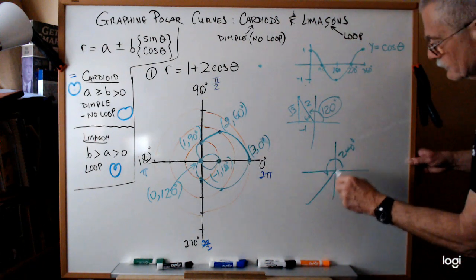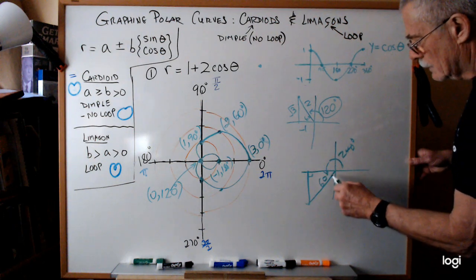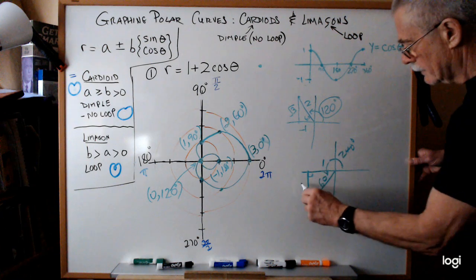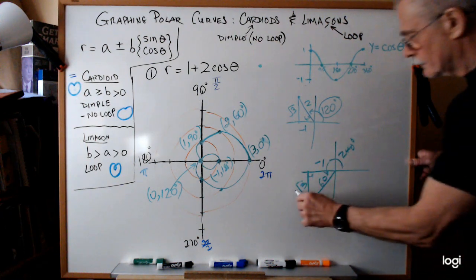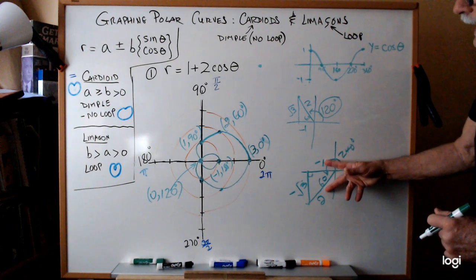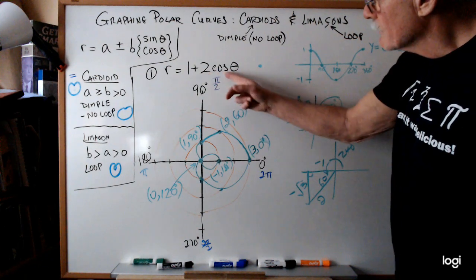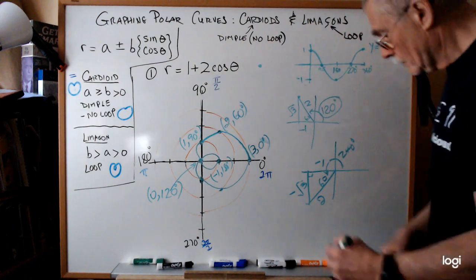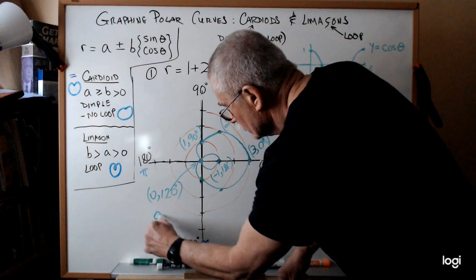Let's see, 240, this reference angle is 60. So this would be 30, 1, 2, radical 3. And as you can see, the cosine of 240 is indeed -1/2. If I put that in, 2 times -1/2 is -1, 1 and -1 is 0. So this point also has coordinates (0, 240).